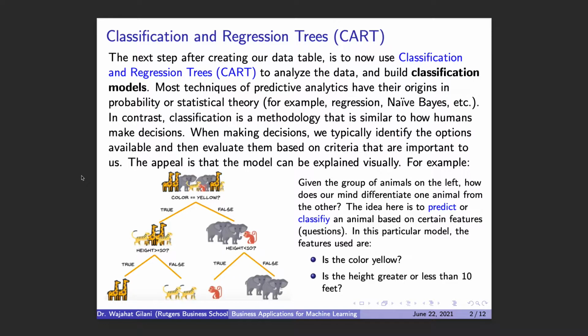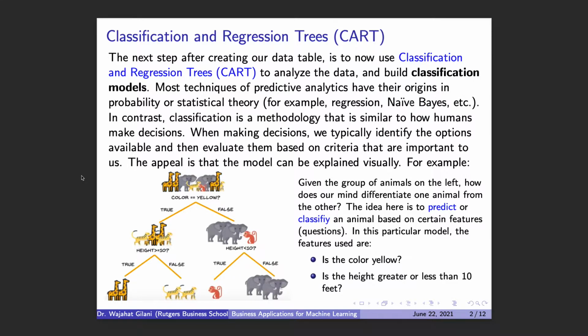Okay, this is this animal, this is that animal, right? That is essentially how classification regression trees work. It takes a list of features and then attempts to quantify those features in such a way that it can predict, in this case, a certain animal.